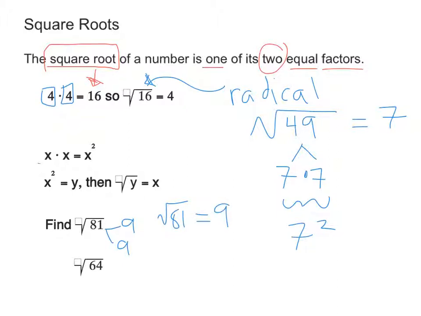And then if you try to find the square root of 64, you have to think what number multiplied by itself is equal to 64. And that would be 8. So the square root of 64 is equal to 8. Now, ask yourself, are 81 and 64 perfect squares? And the answer is obviously they are.